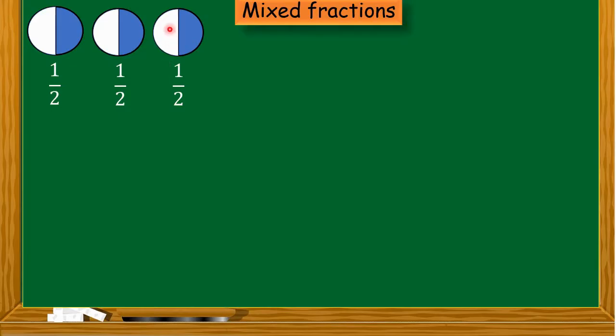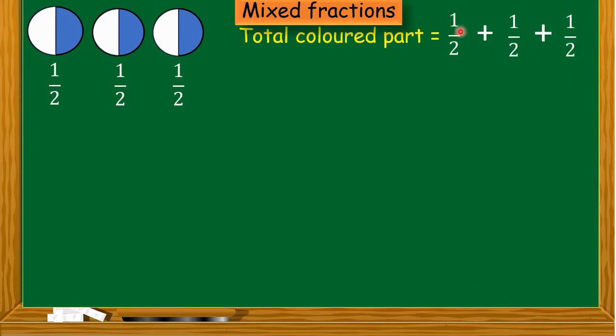The colored part is equal to 1 upon 2 plus 1 upon 2 plus 1 upon 2. Now, as you can see, these three are like fractions. So, we write 1 plus 1 plus 1, that is, we add the numerators and we write the common denominator in the denominator. So, we get 3 upon 2.